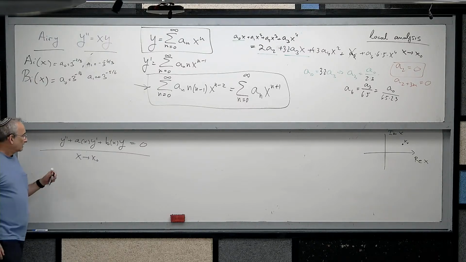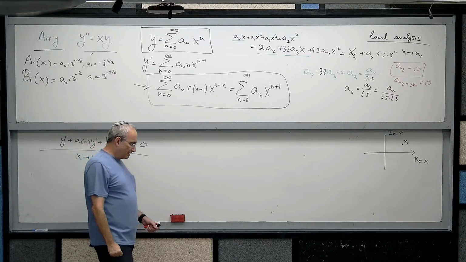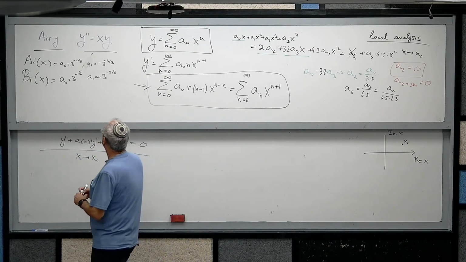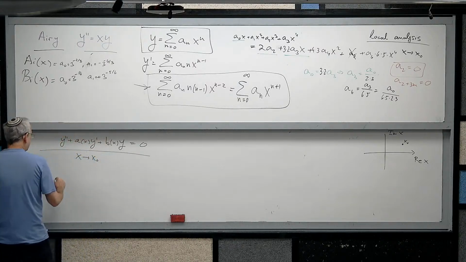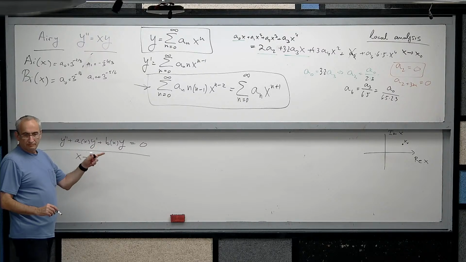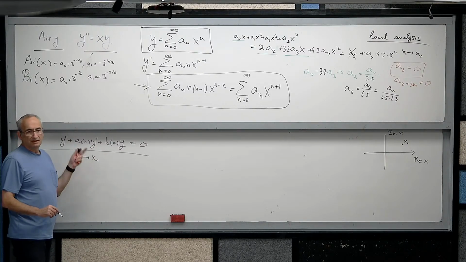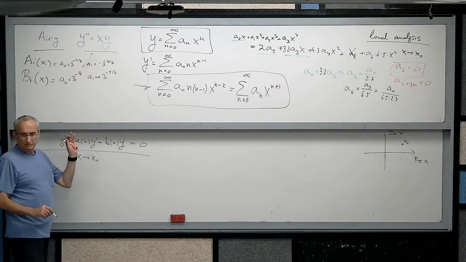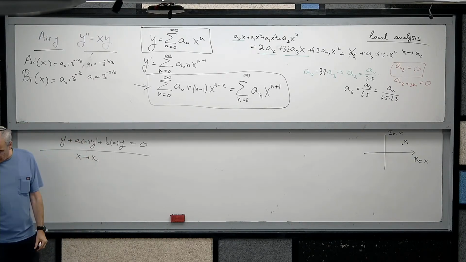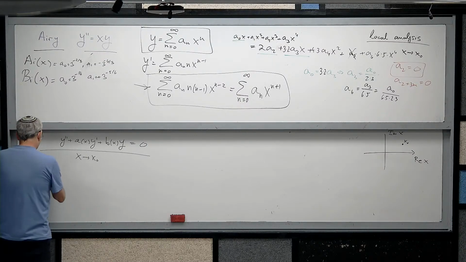Now, option number one: both a of x and b of x are analytic functions at x naught. If this is the case, then we have a great theorem by Mr. Fuchs.